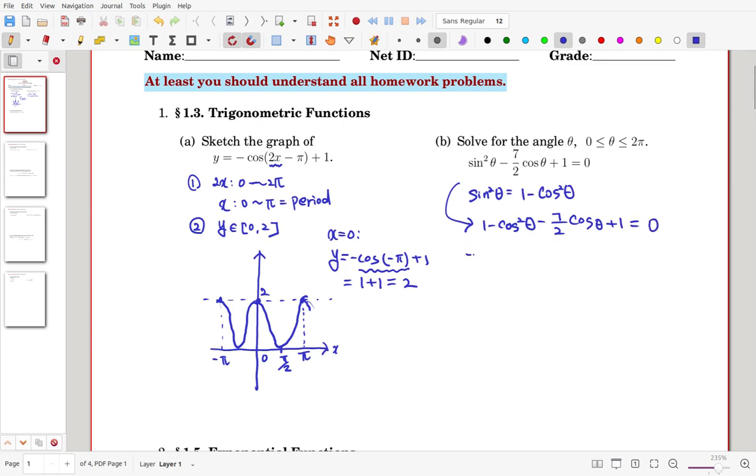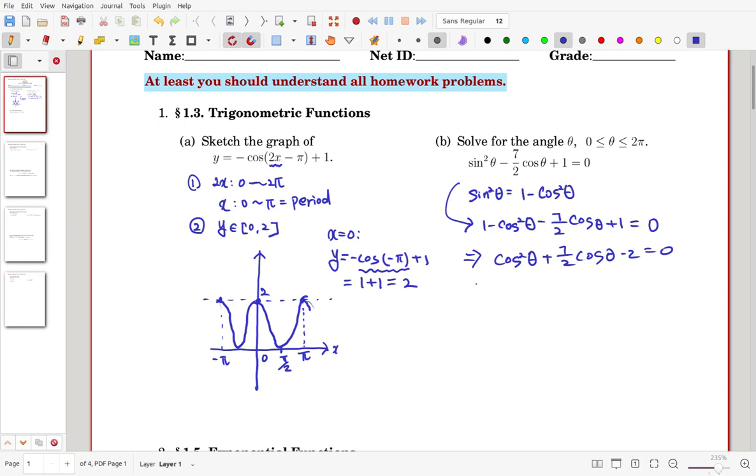Now we can rewrite. That is cosine squared theta plus 7 over 2 cosine theta minus 2 equals 0. Now this is a quadratic function of cosine theta.